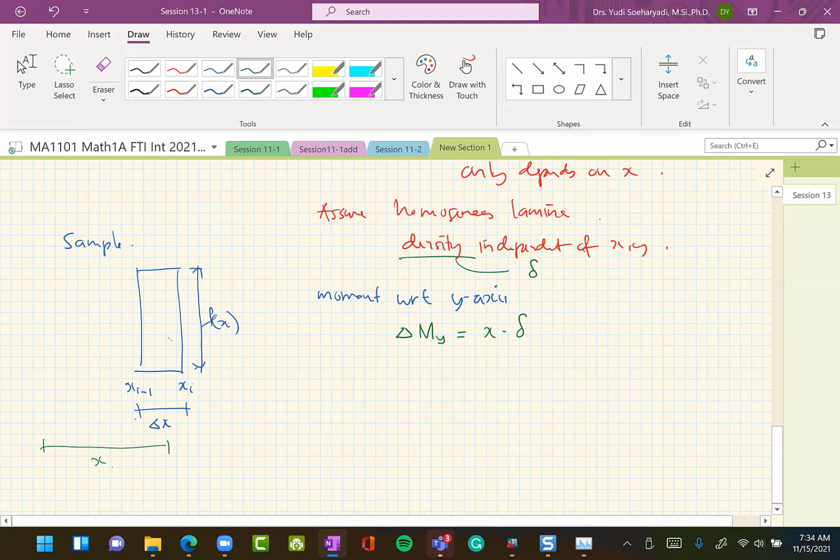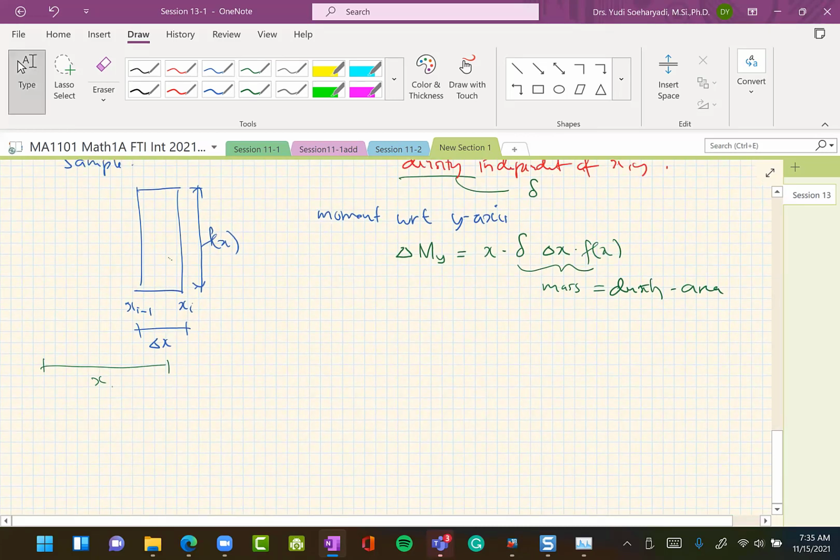So mass is delta times area, density times area, and the area is just delta x times f of x. So what you have is x_i delta x f of x_i.